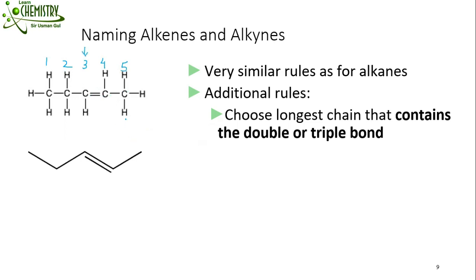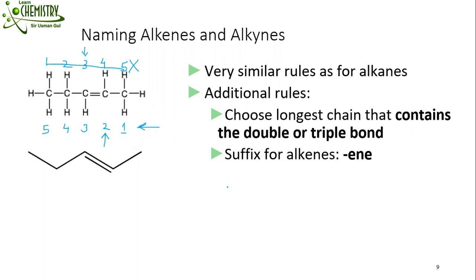But if I start numbering from the right hand side, 1, 2, 3, 4, 5, then I am getting the double bond on carbon number 2. So I will prefer this numbering. This will be incorrect numbering. So I will start numbering from the right hand side. I just followed this rule: choose the longest chain that contains the double or triple bond.